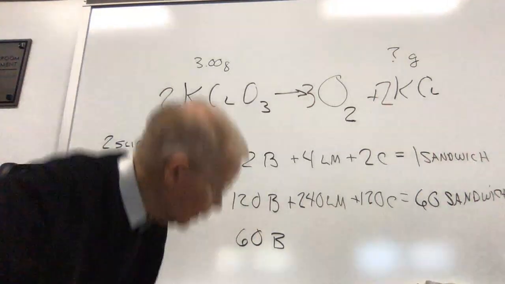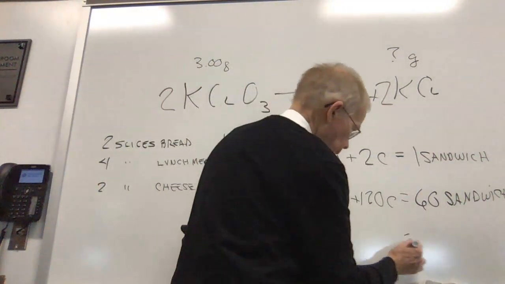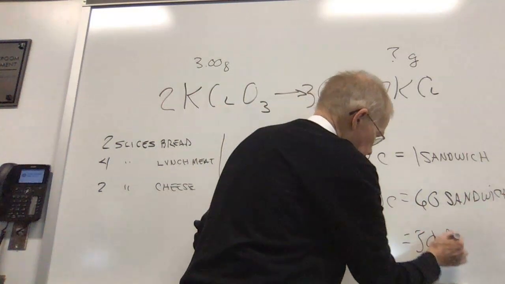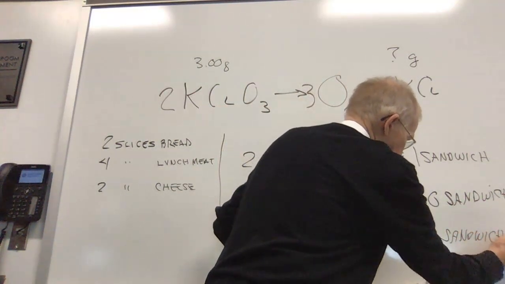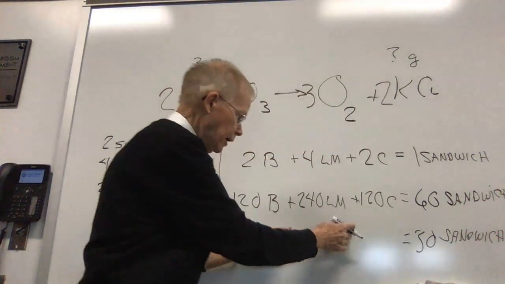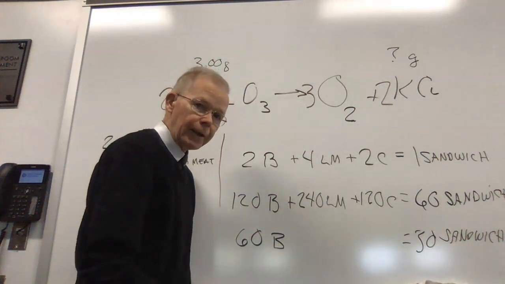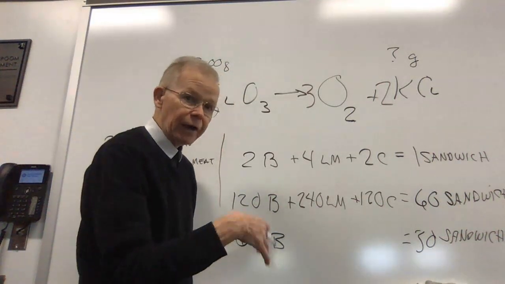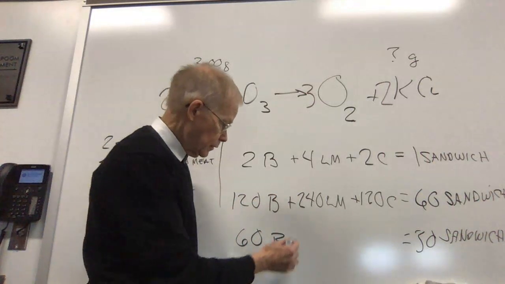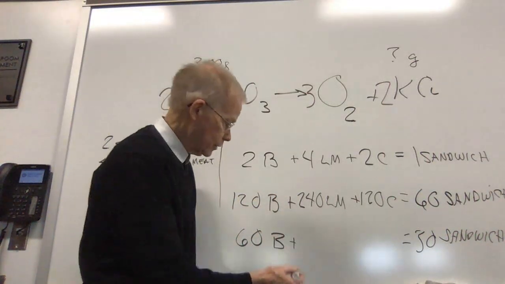So let me put that over here. And let's see how much of these things we have. Well, if I have 240 slices of lunch meat and I only need half of them, then I'm going to have 120 left over, or excess.